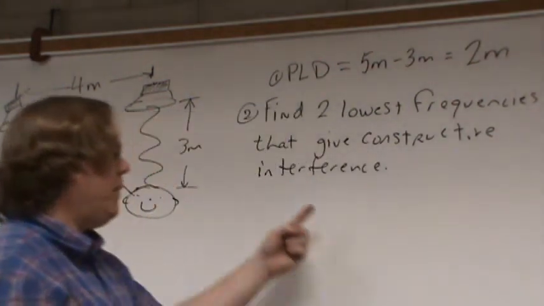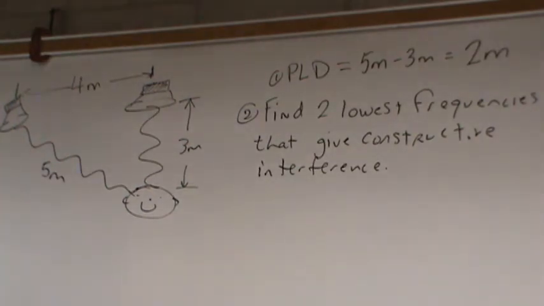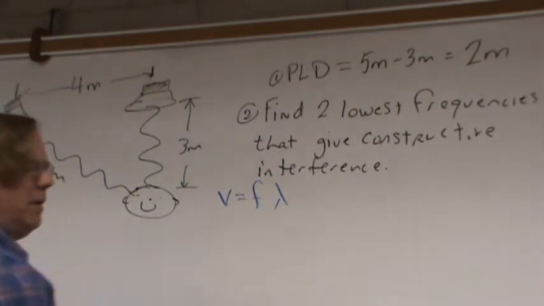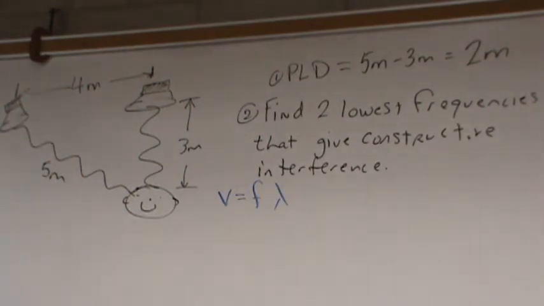Well, if I'm asking for frequency, and all I've got is an equation for wavelength, there's only one equation I have that relates frequency and wavelength, correct? And that's v equals f lambda. So whenever they ask you a question about frequency where path length difference is involved, you know you're going to use that formula.